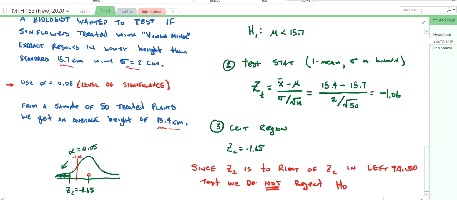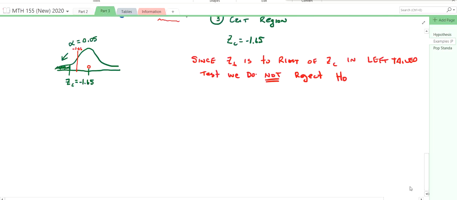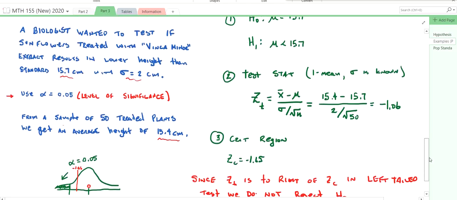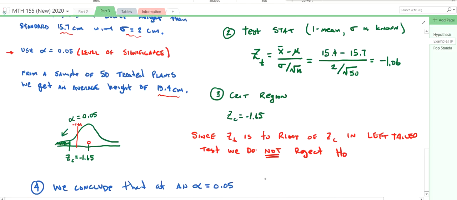So I can make a concluding remark here. We'll just call this step 4. So we conclude that at an alpha level of significance equals 0.05, I'm pretty sure it was, wasn't it? Yeah, 0.05.